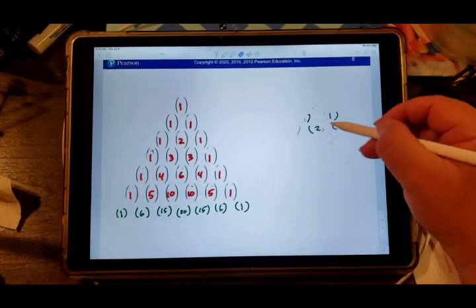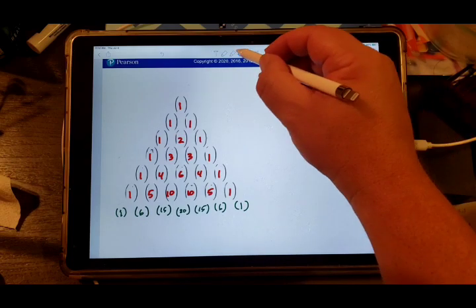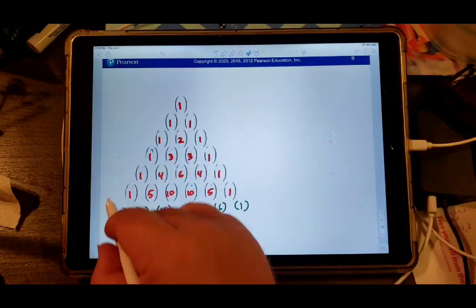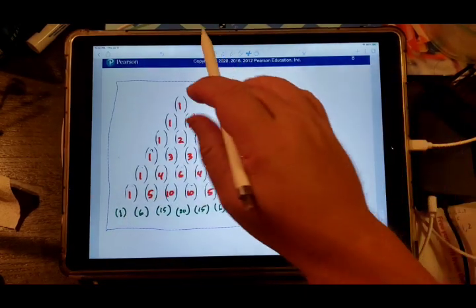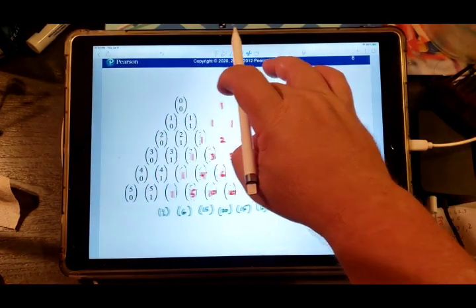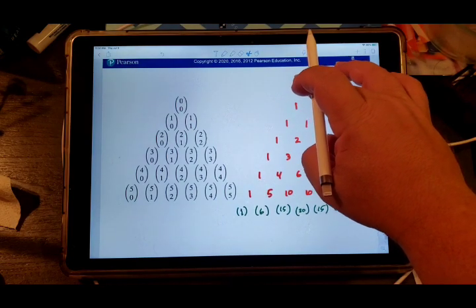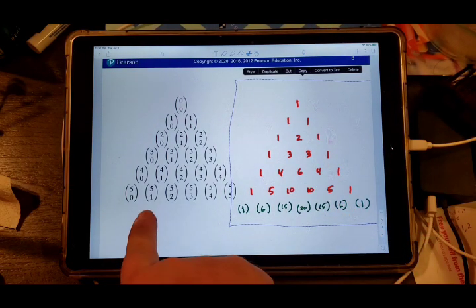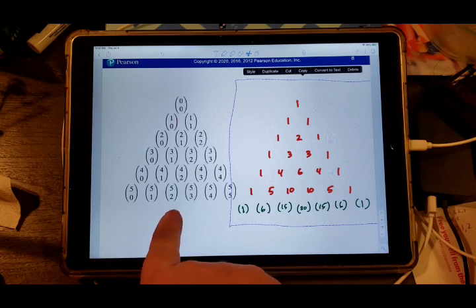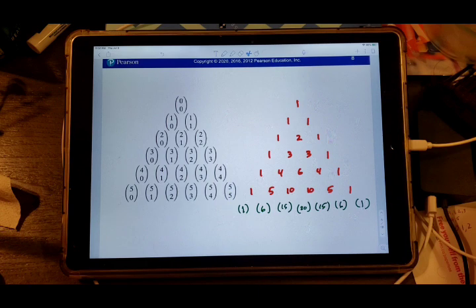Now, I actually superimposed this Pascal's triangle, the numbers version, on top of Pascal's triangle, the NCR version, to make a point here. And that is something I said a moment ago.